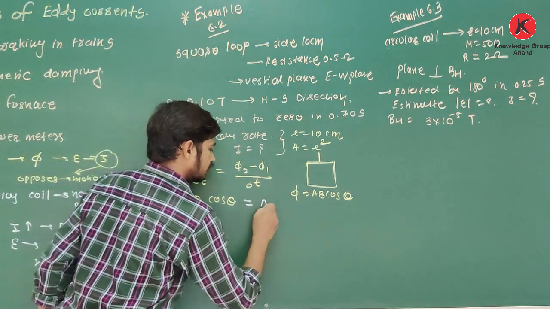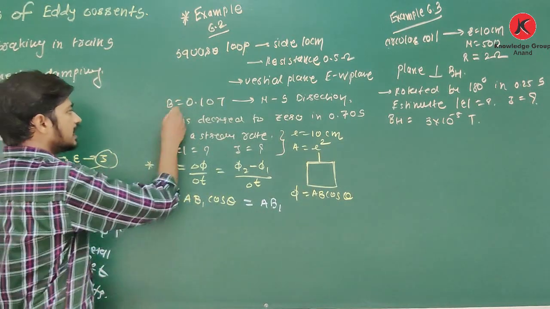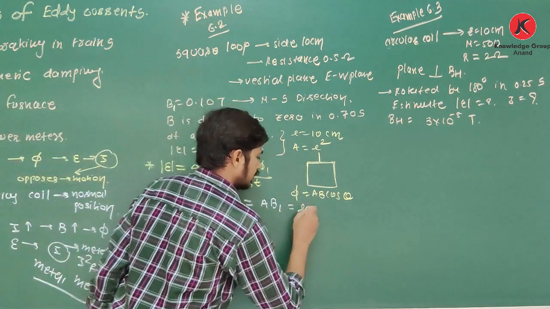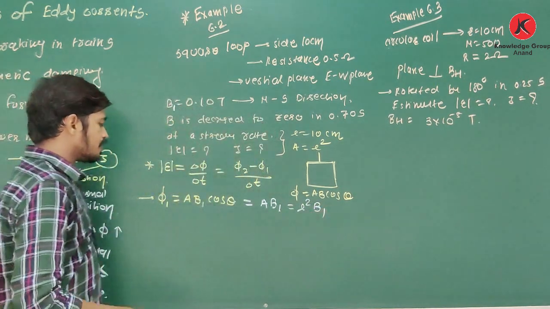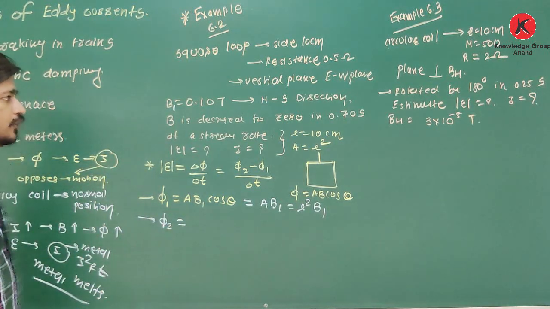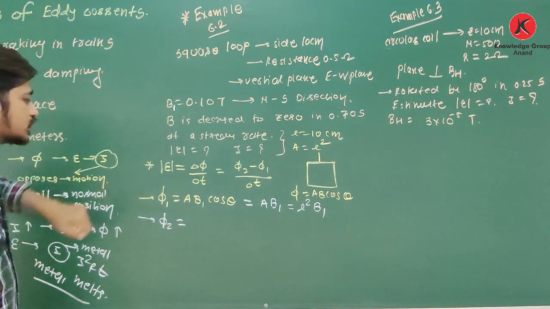So here it is only A B1, and B1 is equal to 0.10 Tesla. So it is L square B1. Now, how to find the final flux phi 2? B decreases to 0.